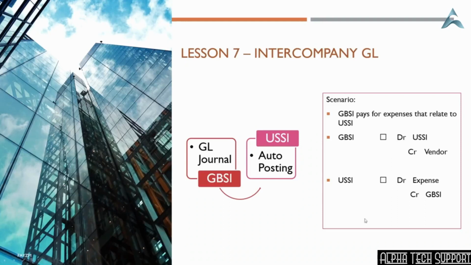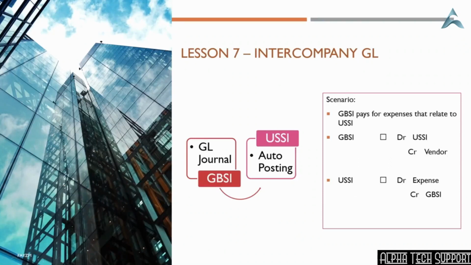If you look in the books of GBSI, the debit needs to go to USSI intercompany and the credit is the hotel vendor. Whereas in the books of USSI, they will record the debit part as an expense, and in the credit, instead of the hotel vendor, they will select GBSI because GBSI has already paid the hotel vendor.